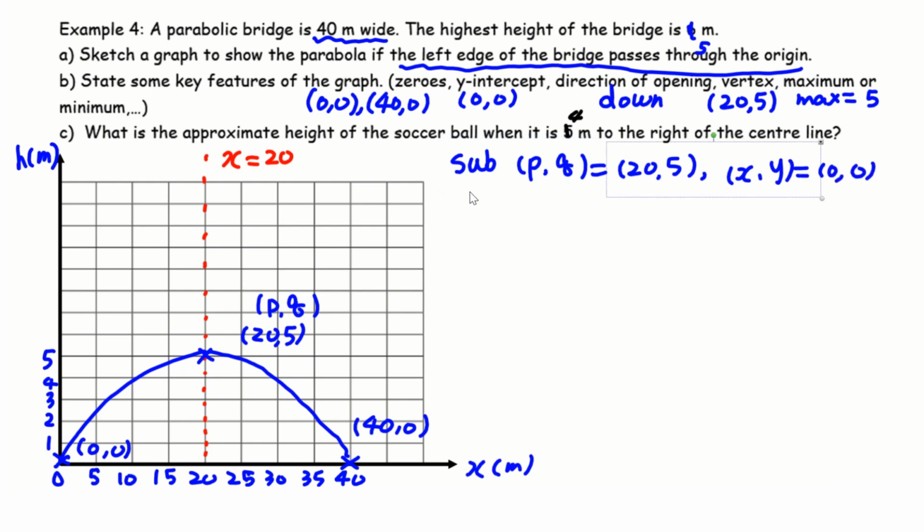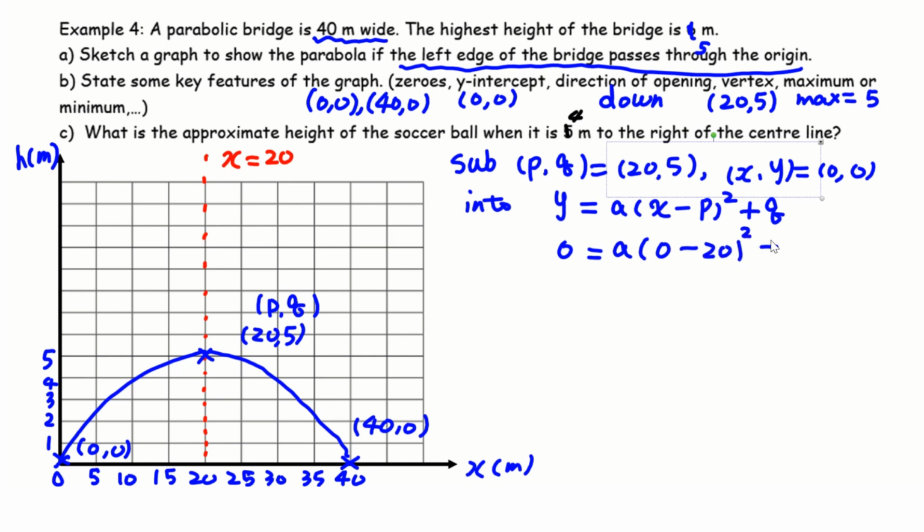It will give you the same answer in the vertex form. y equals a bracket x minus p bracket squared plus q. So y is 0, a value is unknown, we want to find it. x is 0, p is 20, and q is 5. So we are going to solve for a.